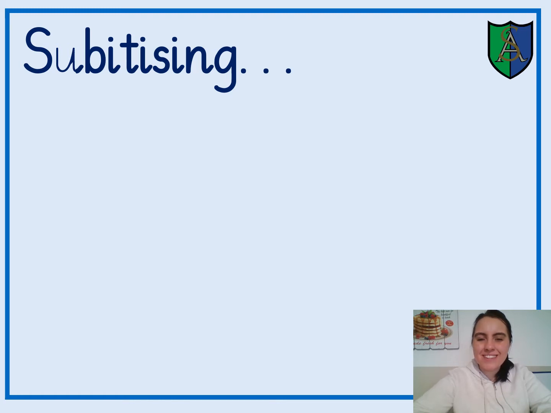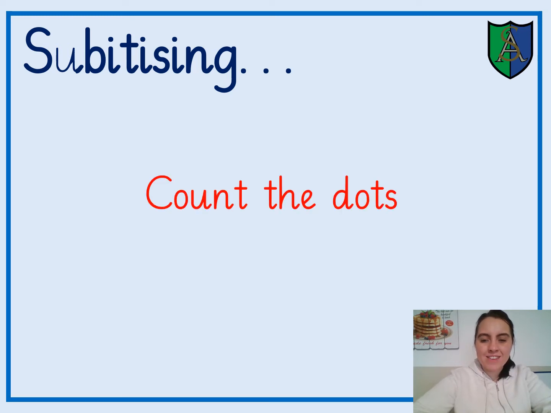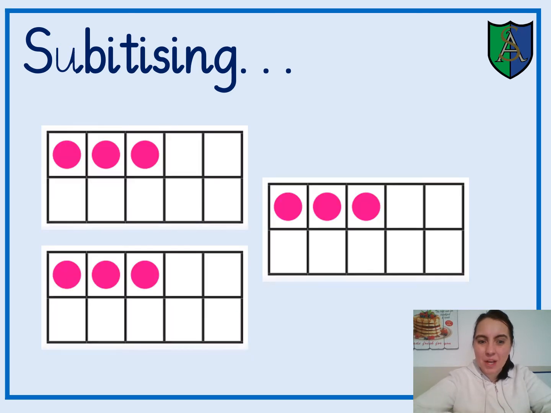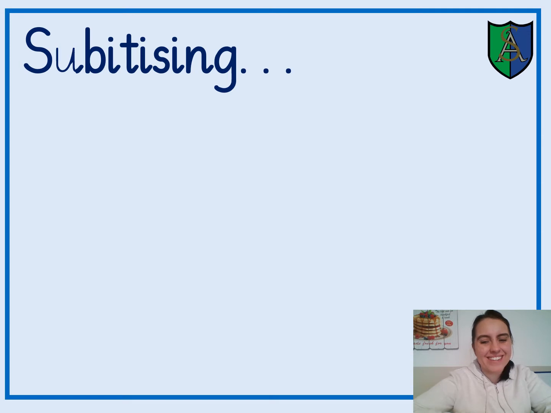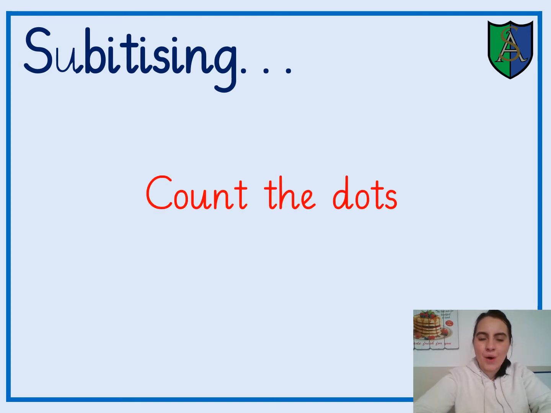Let's see the next one. Remember, eyes on the screen, get ready to count those dots. For this next one, you may need to identify how many dots there are and count in something. So it's counting in equal groups of something. Are you ready? Oh, there we go. Let's see if you got it right. Okay, eyes on the screen. Let's see if we can work out this next one, okay?